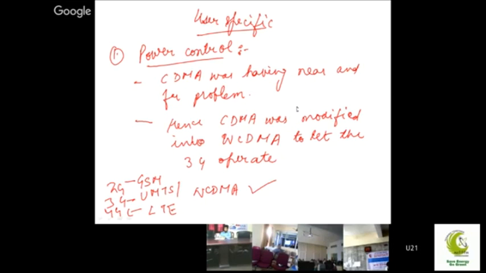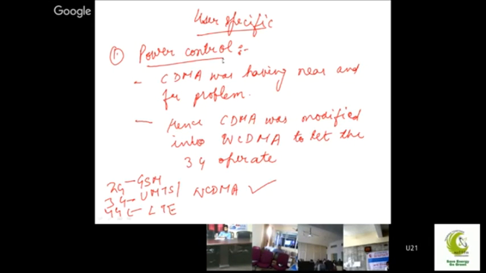So CDMA was modified into WCDMA, and in the 2100 megahertz band we were able to get higher speed results. When CDMA was modified into WCDMA, we got better results than 2G. That is, we were able to do video calling, which was not even possible in 2G. The 2G network does not have that direct video calling option. Video calling over the network is possible only in 3G, and nowadays in 4G also.